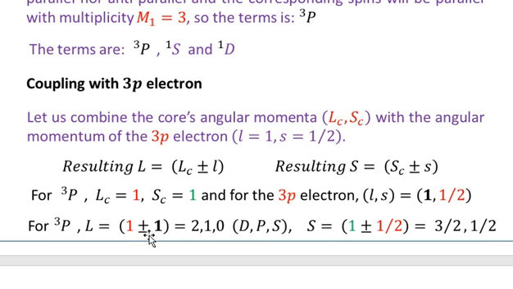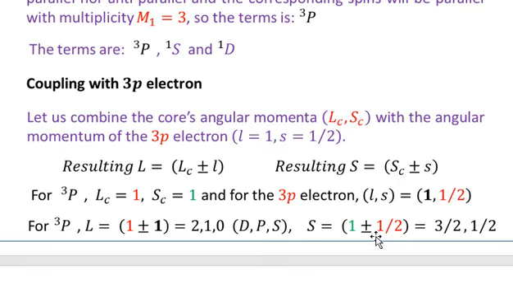You see that this one in red is from the Lc, and this one in bold is from the value of the 3p electron, which is 1. So combining these two values, I shall obtain 2, 1, 0. These three values will be obtained, and the terms will be designated as D, P, and S respectively. And the capital S values will be obtained from Sc plus S, and the Sc value is equal to 1 shown in green, and the value of S for the 3p electron is equal to half, which is shown in red.